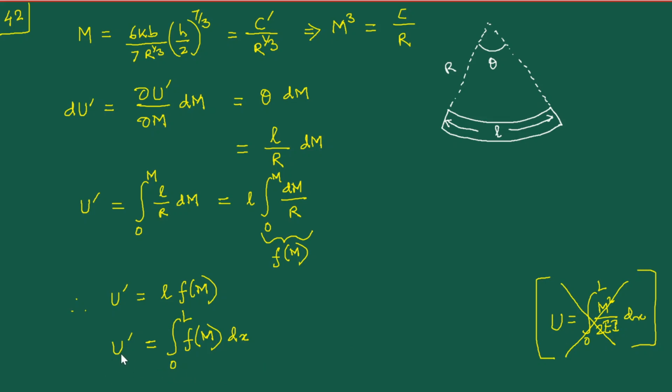We have written on the left hand side the complementary energy, but on the right hand side there is an integration over some function of the bending moment, just like we had earlier some function of the bending moment here. I'm just trying to draw an analogy here. So now that we have this, can we perhaps hope to find out the deflection by using Castigliano's theorem? Let's try to do that.